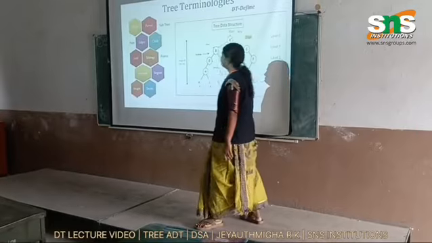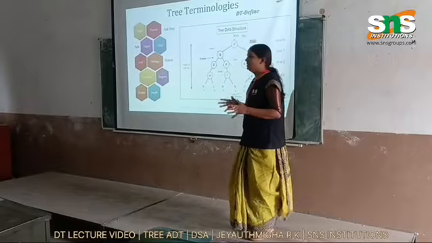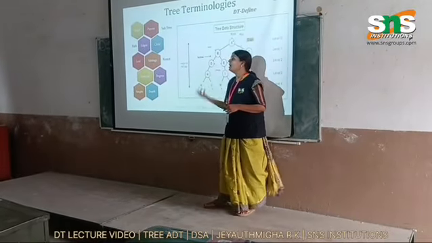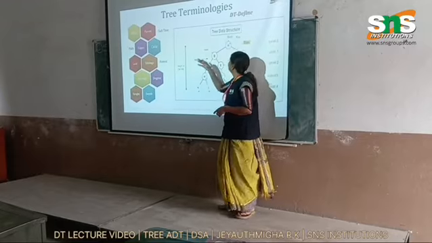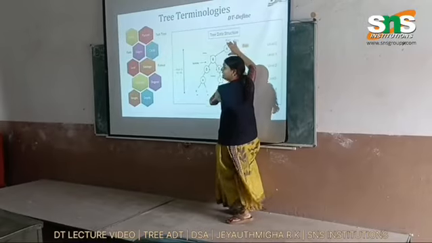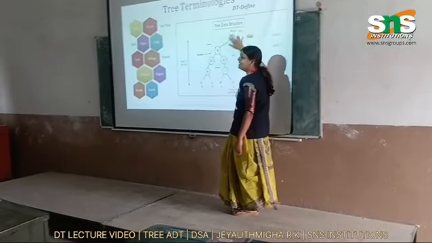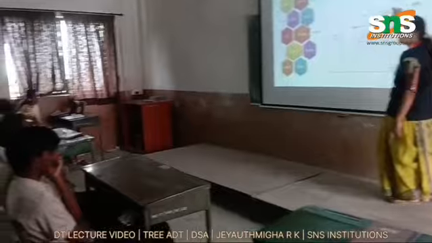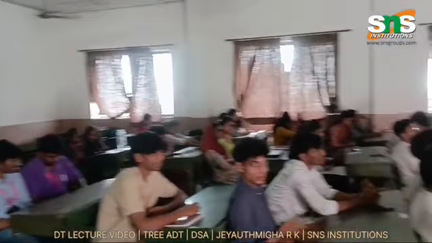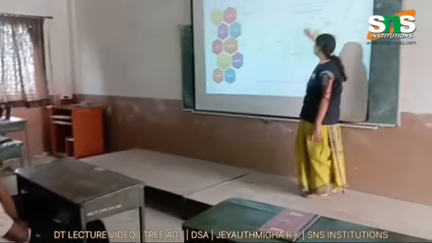Next slide. Let's discuss a few terminologies that are important, which may be asked in 2 marks. You see the tree data structure. This is the root node, also called the key.